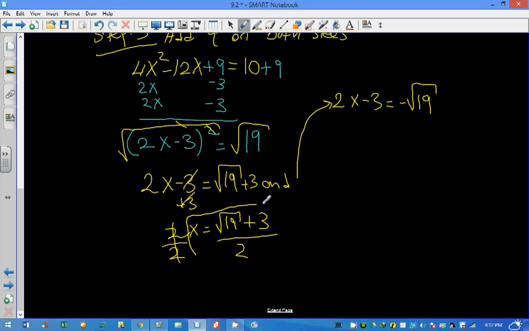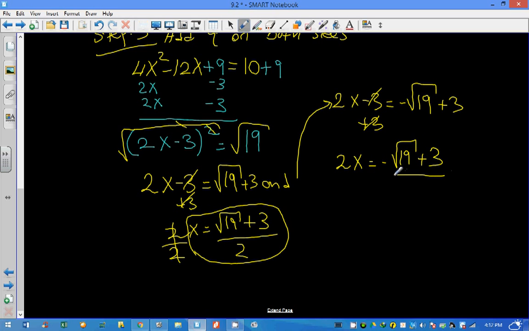X equal to root 19 plus 3 over 2. 2x equal negative root 19 plus 3 over 2 over 2. X is going to be negative root 19 plus 3 over 2.